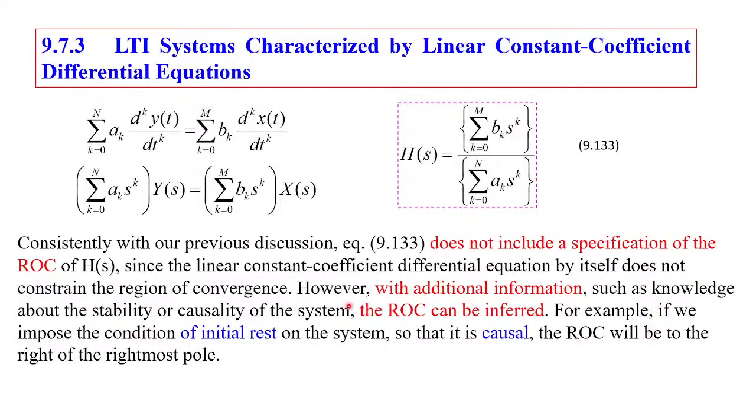So this is already more general than what we do in Fourier transform, because the Fourier transform is basically picking the Laplace transform on the jω axis. When we did the Fourier transform, we assumed initial rest condition as well as causal, and we basically always picked the ROC to the most right side.